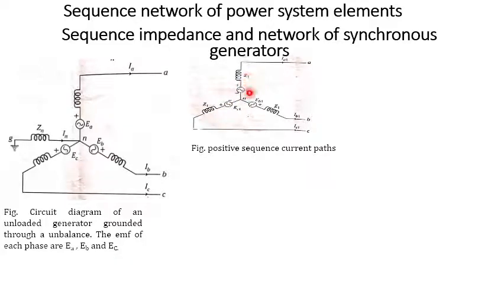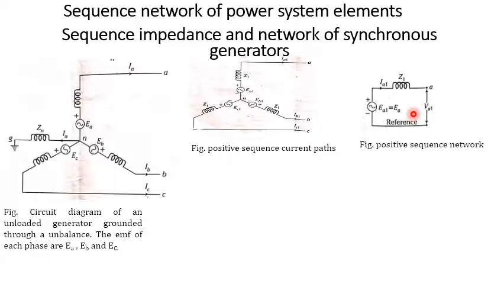EA1, EB1 and EC1 are the positive sequence generated voltages with the positive sequence impedance Z1. Because of the balanced and symmetrical nature of the system, we represent it on a single phase basis. This is the positive sequence network. From this we can write that this is the induced EMF and VA1 is the terminal voltage.